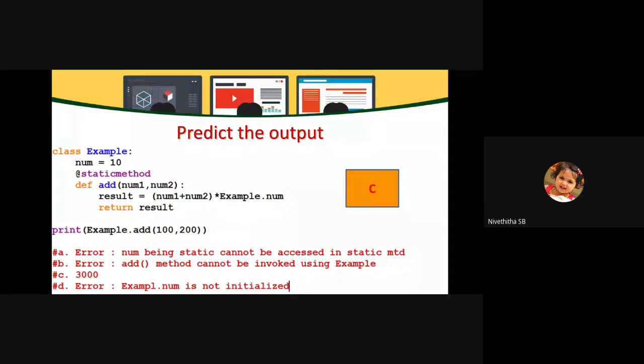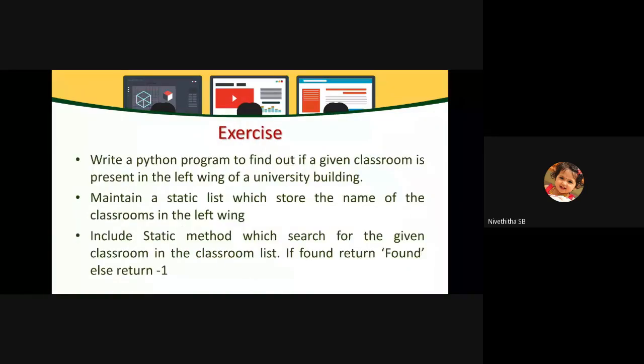Okay, so this is the exercise. Write a Python program to find out if a given classroom is present in the left wing of a university building. So maintain a static list which stores the names of the classrooms in the left wing. What you have to do is maintain a list, and that list should be a static list.